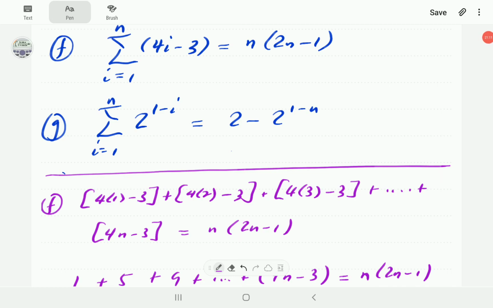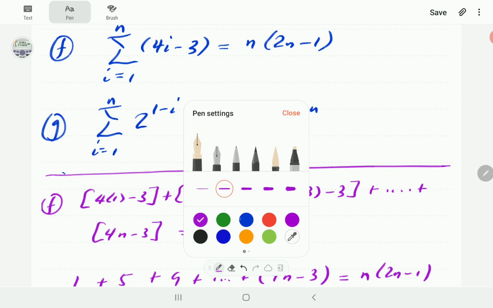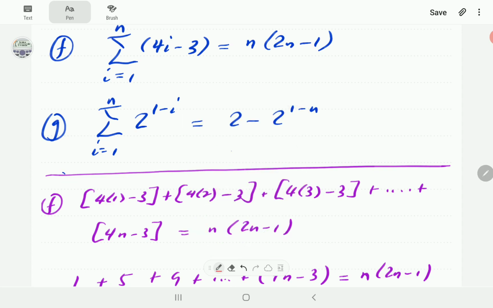Alright, so for F, when i is 1, this is going to give us 4 times 1 minus 3. When i is 2, 4 times 2 minus 3. When i is 3, 4 times 3 minus 3. And when i is n, it's going to be 4n minus 3.